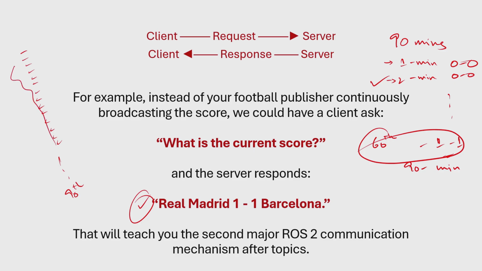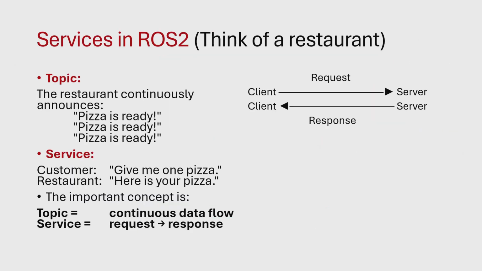I will give you another example, which is much easier to understand. You will grasp the concept about services even more. For example, you visit a restaurant, and you ask for a pizza, right? So you tell the guy at the counter that I need a pizza, and then he prepares the pizza for you, and there might be a screen, and on the screen they will display pizza is ready, right?